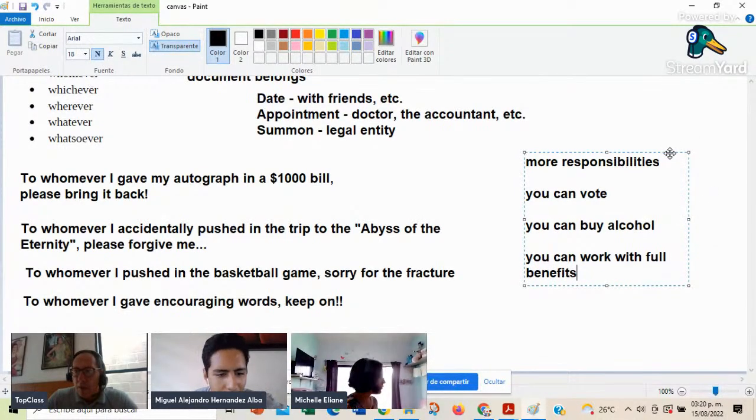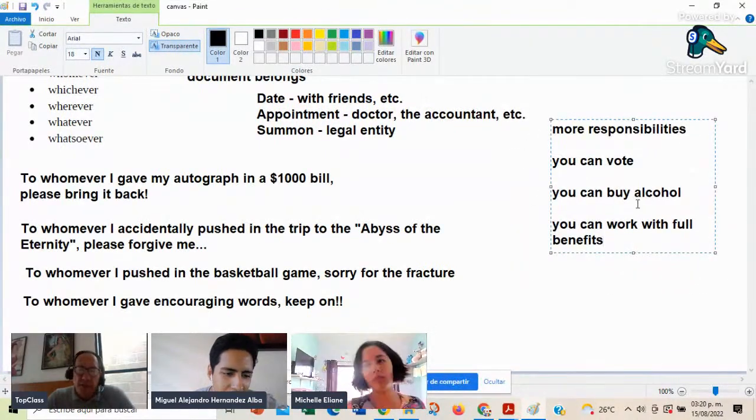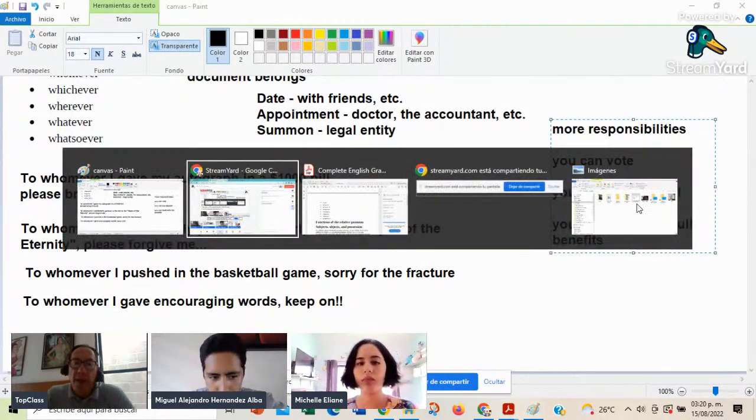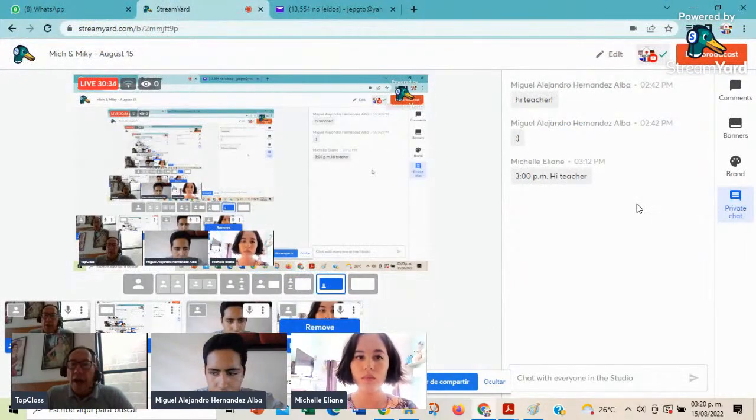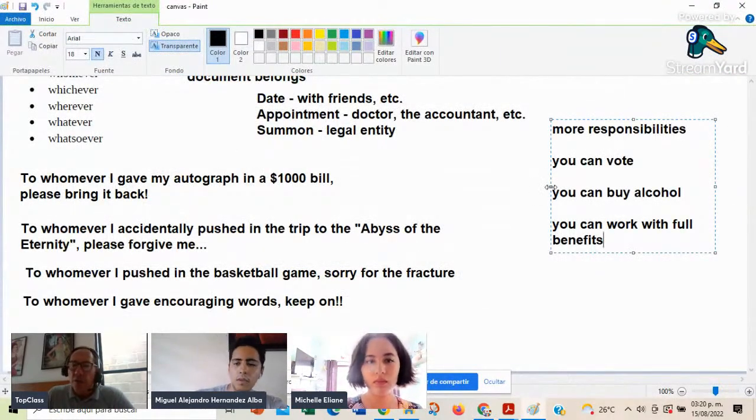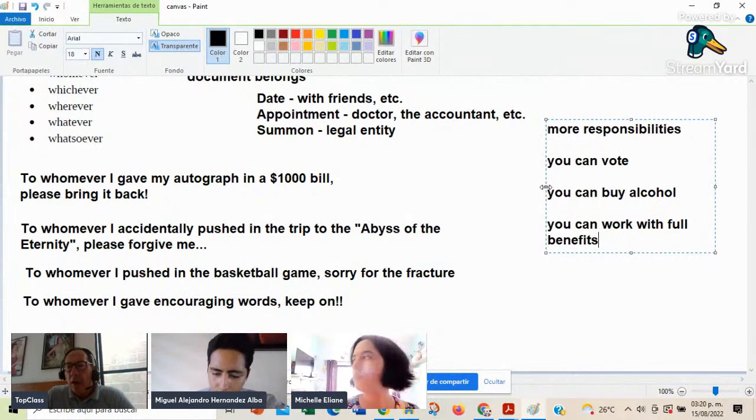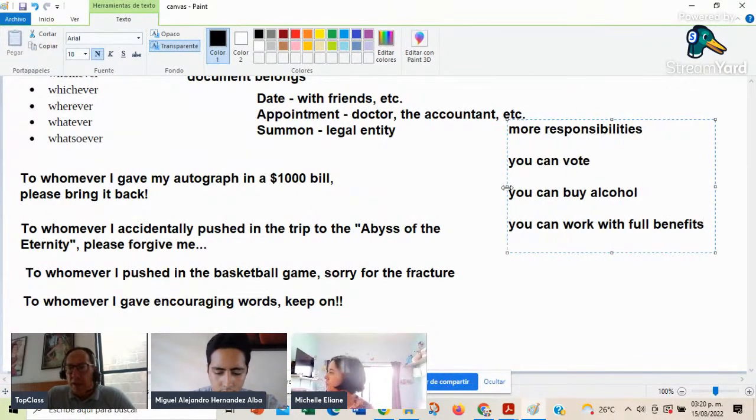Well, yeah, you can work legally, with full benefits. People cannot hire youngsters unless there is the parents' permission, and you can have all benefits, right?